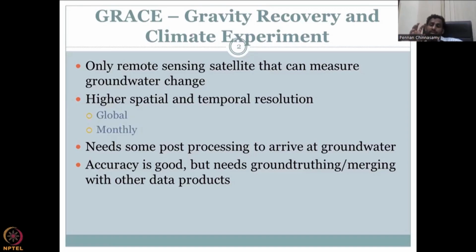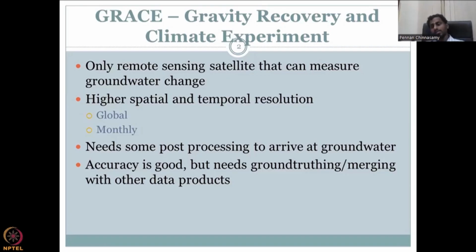So this high resolution would eventually be very, very helpful for monitoring groundwater change. So we have global scale now. Globally, we can monitor because some of the aquifers are too big, for example, the Ganges plain aquifers. And then monthly, you need to see the changes because suddenly there is a big pumping happening and we may miss it if we don't look at it at once.